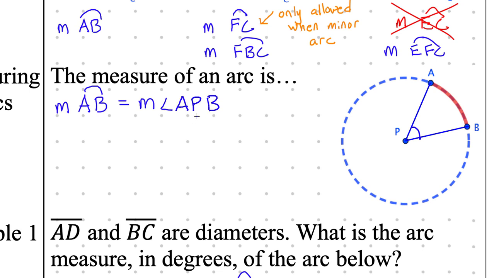And again, whenever we describe angles as a review, it's always that middle one that we're talking about. And that's how you find arc measure. That's like, ta-da, the main thing today. So whatever this angle is, if I told you that this angle right here is 30 degrees, then the measure of arc AB is 30 degrees.